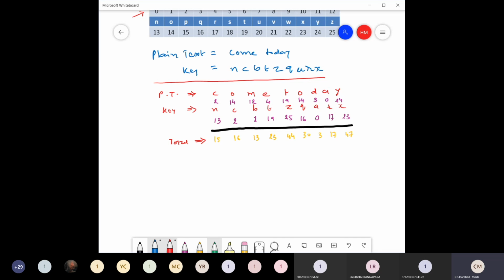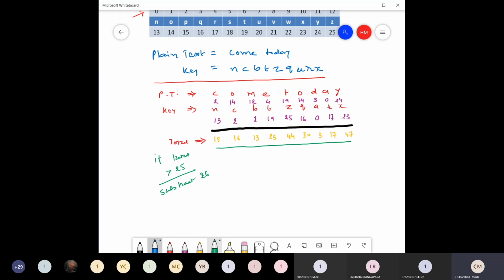Now here we have to remember one more thing. If this total is greater than 25, then we have to subtract 26. So wherever the total is greater than 25, we have to subtract 26 from it.